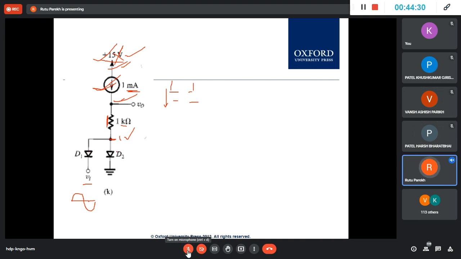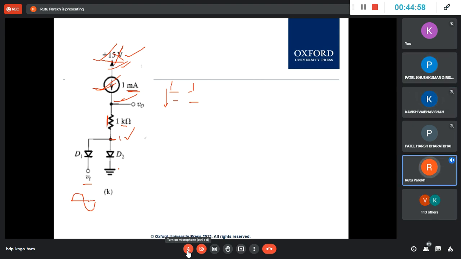And this is negative and this is positive. So this is 1 volt here. And what about D2 then? A positive terminal, a negative terminal. So D1 and D2, what will happen? D1 will be reverse biased and D2 forward biased.